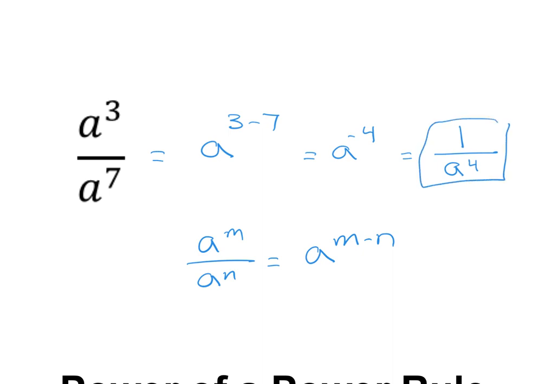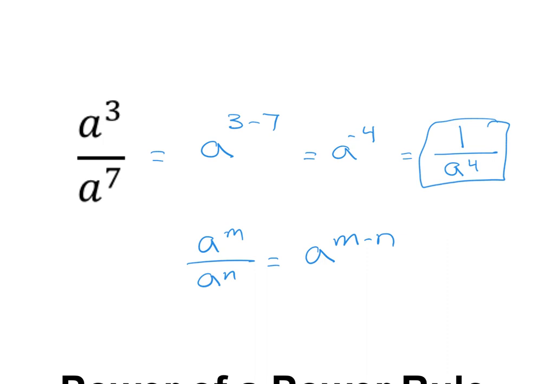This is kind of the correct way to put it. We don't like to have negative exponents. We always have to have positive exponents. And the way we make it positive is we put it where it isn't. If it's in the numerator and it's negative, move it to the denominator and make it positive.